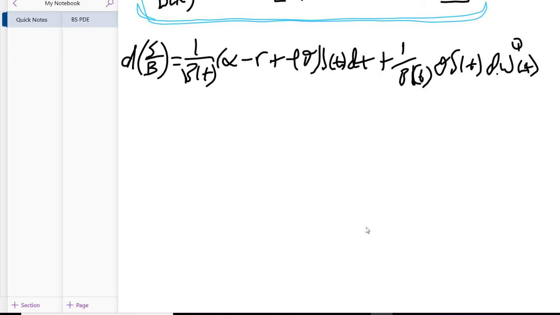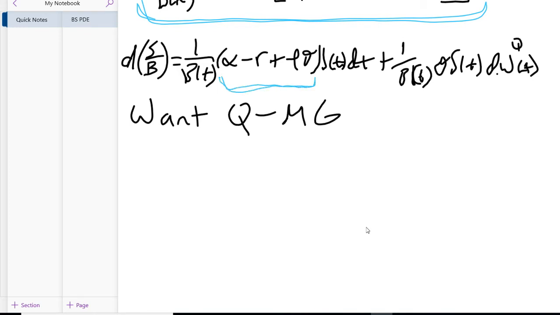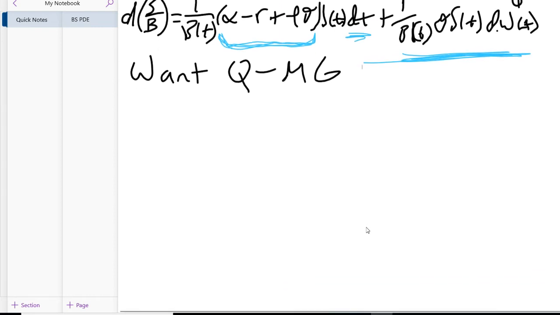So we want this to be a Q martingale. How do we do that? Well, you can do it by making this term equal 0, right? Because then the dt term will fall out. And this part is a martingale, so we'd be left with a Q martingale. So to that end, let's do that.